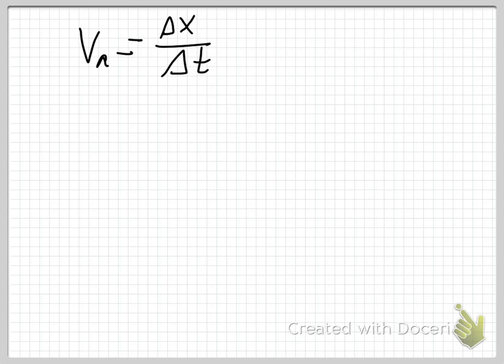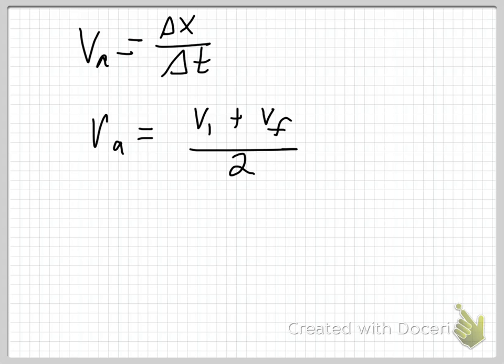If we're accelerating at a completely constant rate, we're not shifting gears, we're not doing anything, the rate of acceleration is constant, is it also true that our average velocity is equal to our initial velocity plus our final velocity divided by 2? Seem like a reasonable and true statement? Yeah, it is.